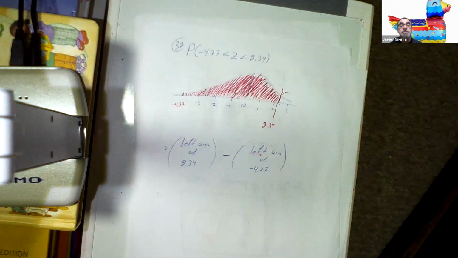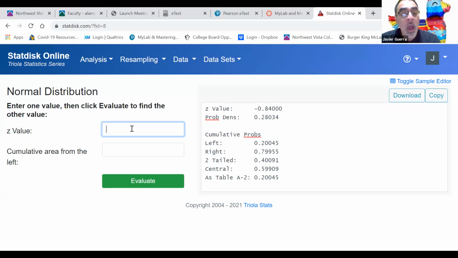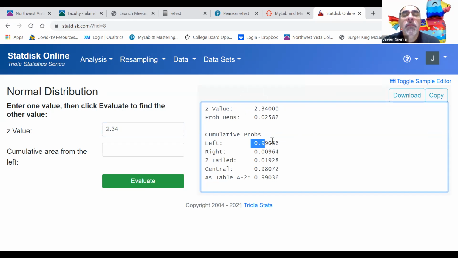Let's find the left. Calculate it. 0.9904 is the area of the 2.34. Now I have to put the negative 4.27 here.